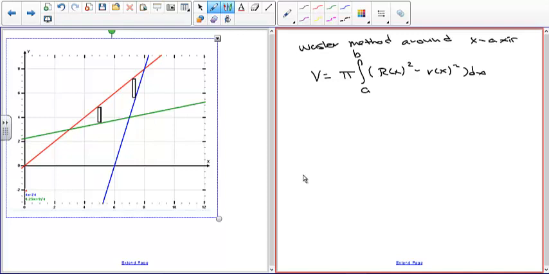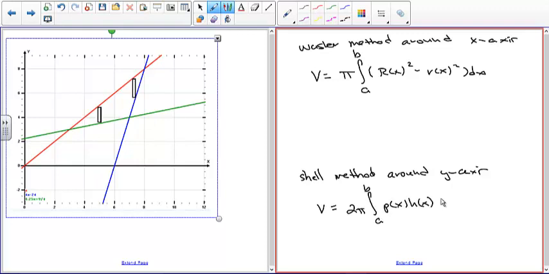And using the shell method around the y-axis, the volume is equal to 2 pi times the integral from a to b of p of x times h of x times dx.